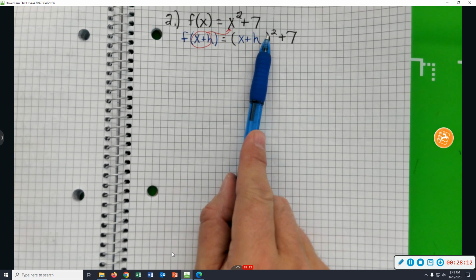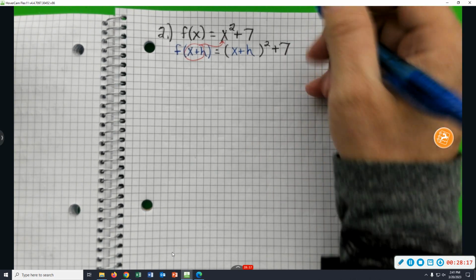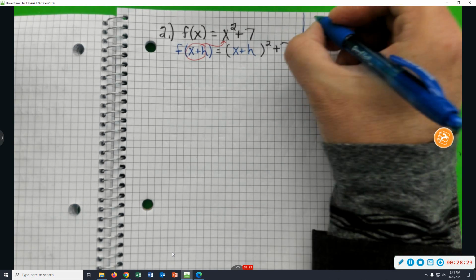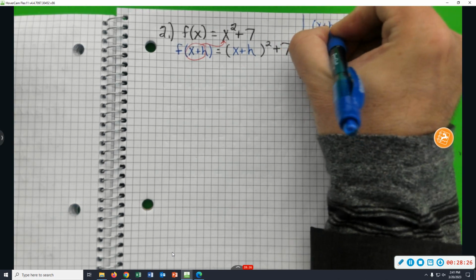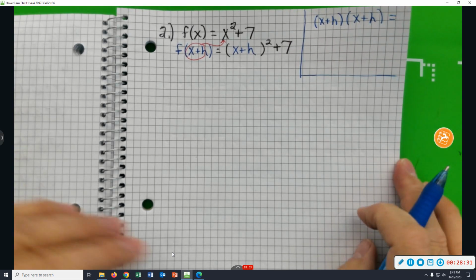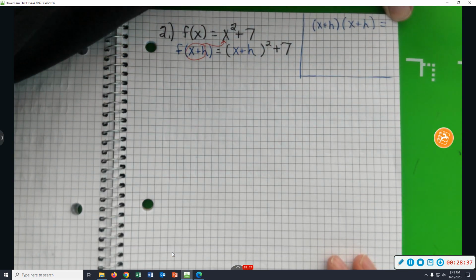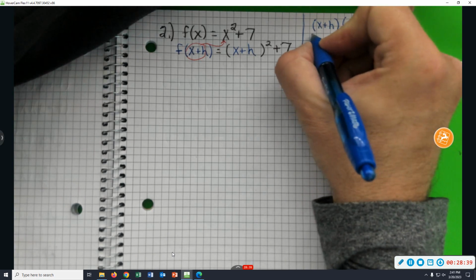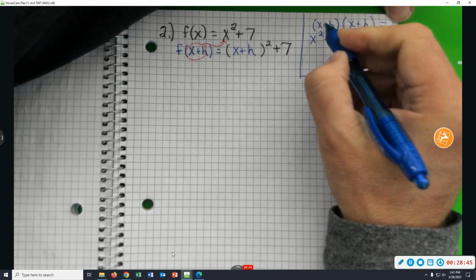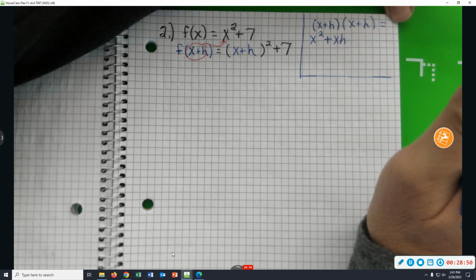That x plus h squared, I'm just going to come right over here. This is going to be my scratch paper. I'm going to foil out x plus h times x plus h. It would be x squared plus xh or hx, it doesn't matter.